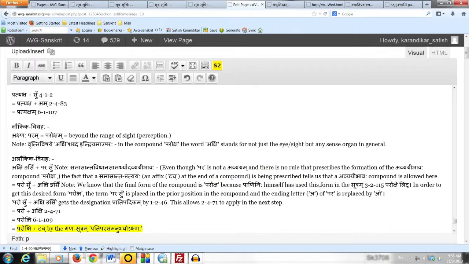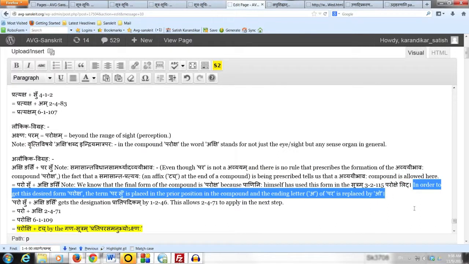In order to get this desired form paroksha, the term para su is placed in the prior position in the compound, and the ending letter a of para is replaced by o. This is done in order to get the form paroksha, which we know is the right form because Panini uses it himself in the sutram parokshe lit.